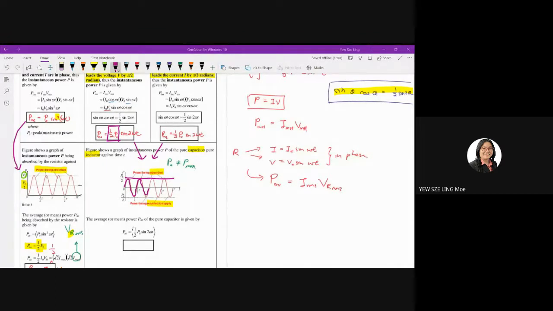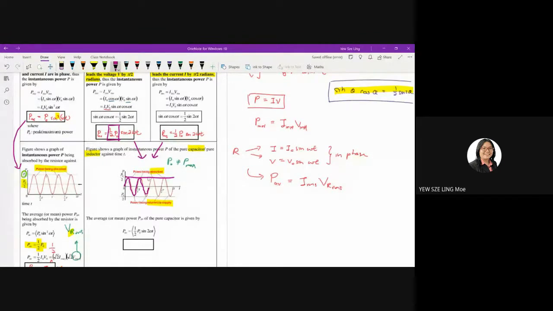So if you look at this diagram, if you are going to calculate the average value, remember what it means by average value? Average value is the midway of your maximum and your minimum value. Maximum value right here, you have P naught over 2. Minimum value, you have negative P naught over 2.